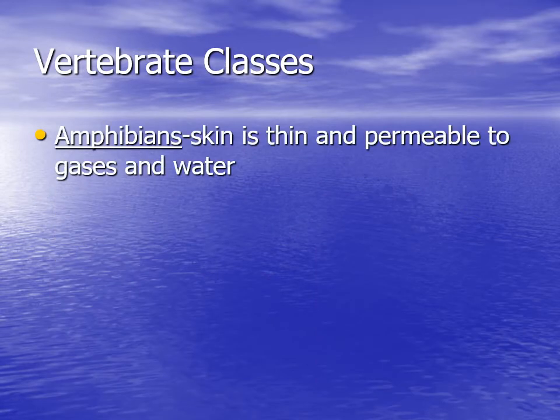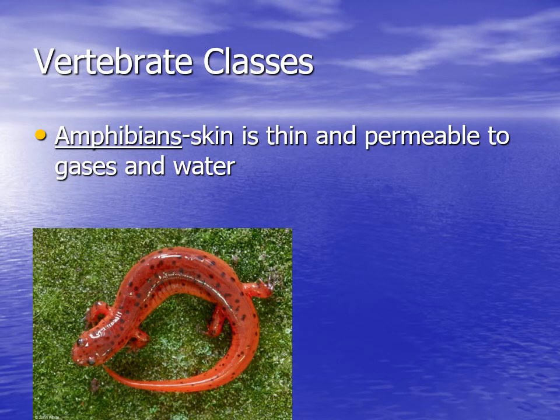Another vertebrate class that we're all familiar with are the amphibians. Of course, amphibian means double life, so these organisms live part of their life in water and part of their life on land. They have very thin skin, and it's permeable to gases and water. That means that water and gases can go in and out of their skin.